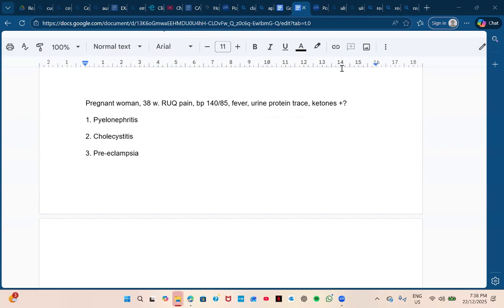This is also very tricky, right? This question. So, what is the blood pressure criteria for preeclampsia? What is it?